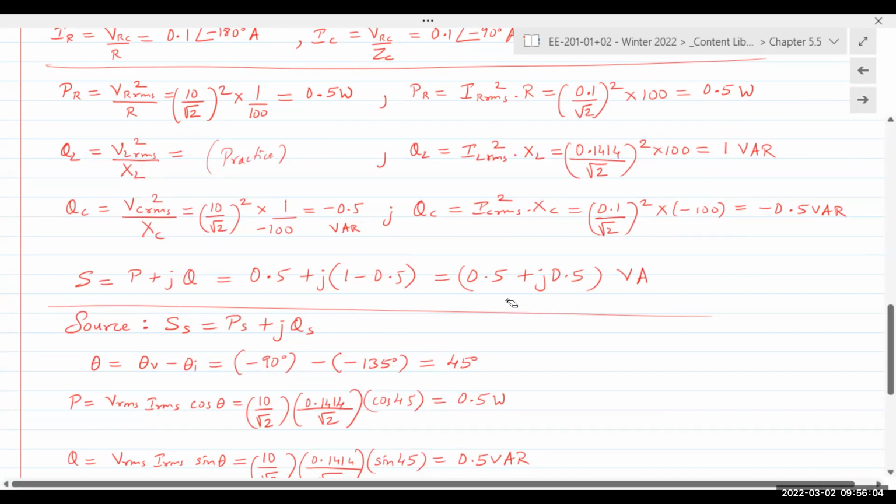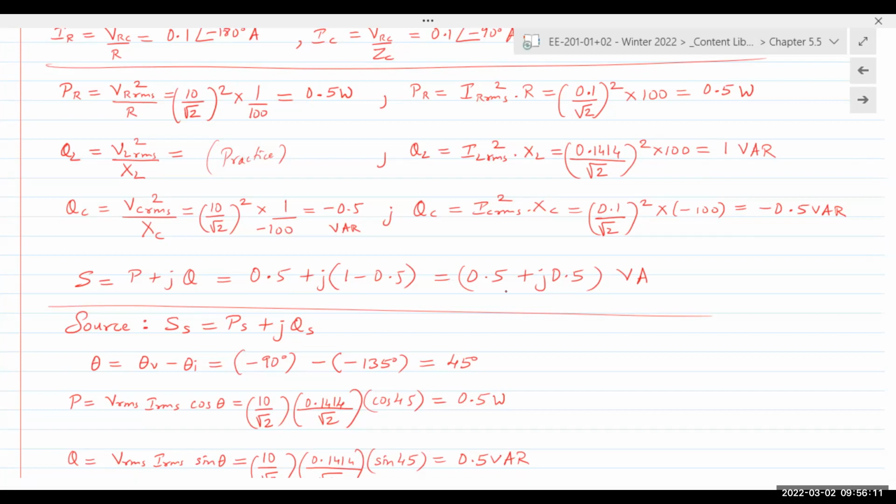Your overall inductive requirement was 1 VAR, but because the capacitor is supplying half of that, the source only has to supply plus 0.5, not the total 1 VAR. If you increase the value of the capacitor, this minus 0.5 VAR will go up in value.